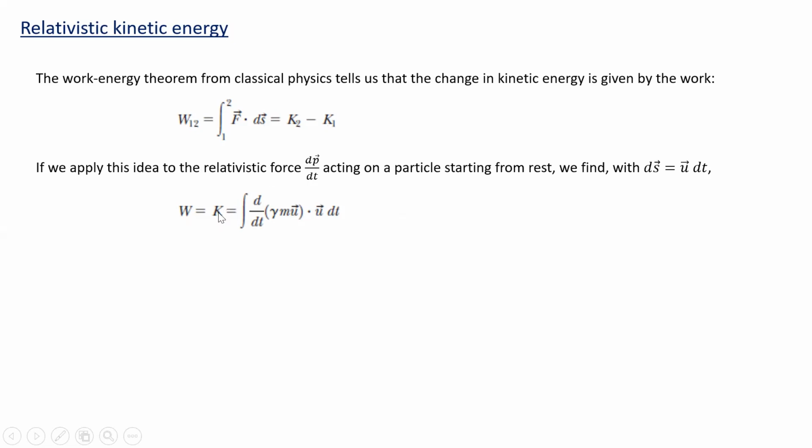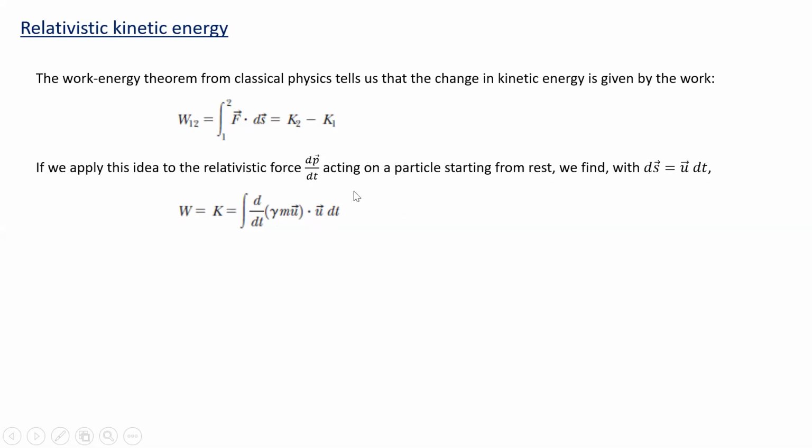So the work is just equal to the final kinetic energy here, since we start with K1 equal to 0. It would be the integral of the force, which is the derivative of the momentum, our new momentum, gamma m u, dotted with our displacement, ds, which is our velocity times time. Okay, so this would be our expression here.